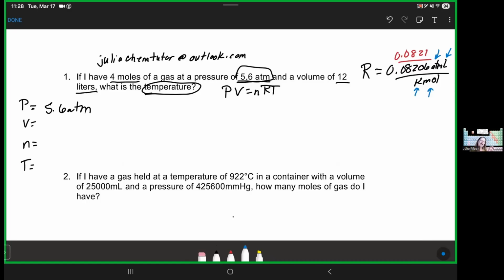But with the K value, there's a little more. You always have to be in K no matter what for gas laws, because if I had a negative temperature, I would get a negative volume, and that is not possible. So by adding the 273, we always get a positive temperature. Oh, that's not right.